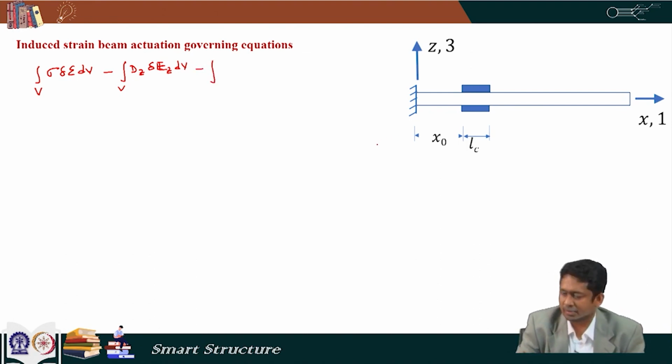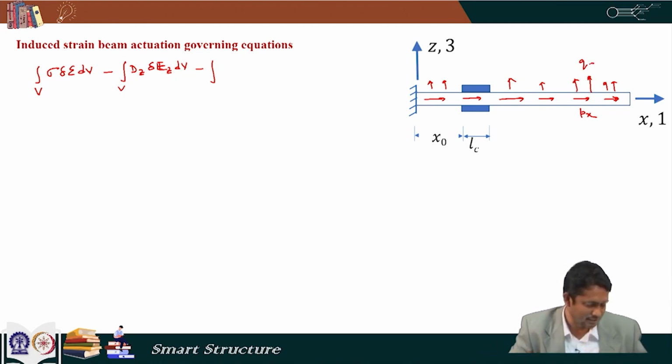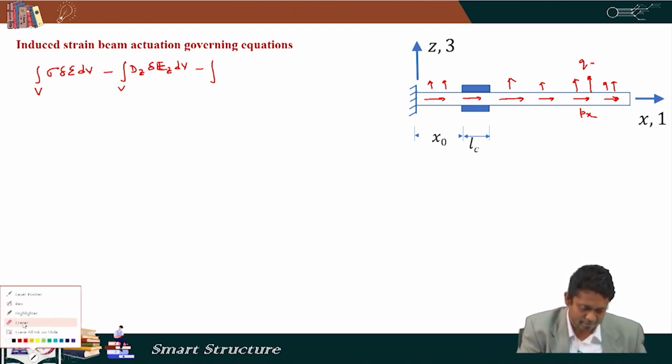So let us assume that it has forces distributed along x, some external forces, external load, and that we call Px, and then there are distributed forces along z direction also.